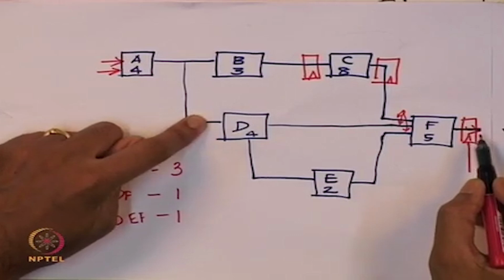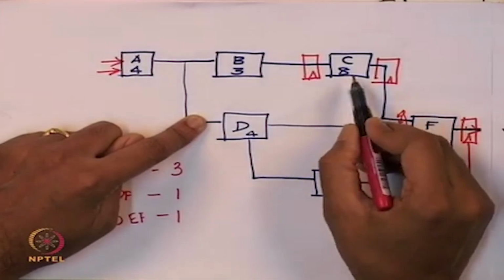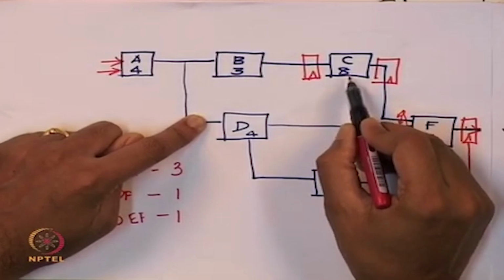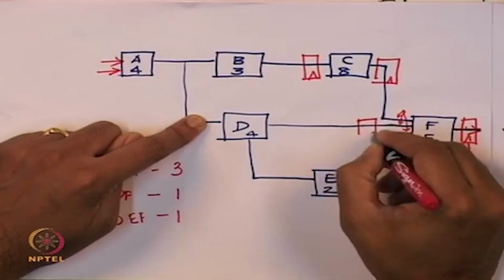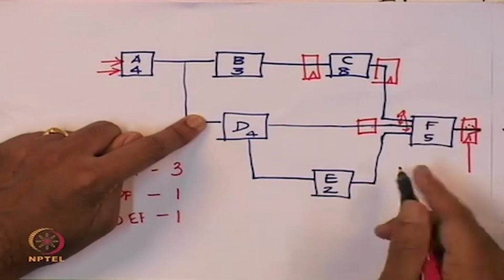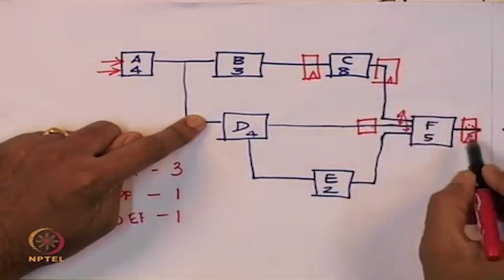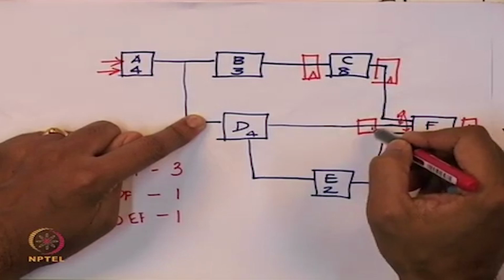If I put a flip flop here, it will become 11 units of delay, right? Whereas we said the largest combinational block has only 8 units of delay. So I need to now go and see whether I can put it somewhere else. So if I choose to put a flip flop here, then the flop to flop delay is only 5 time units. So from here to here is also 5 time units. So these two are good to go.